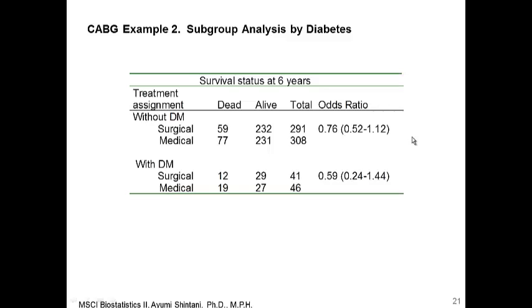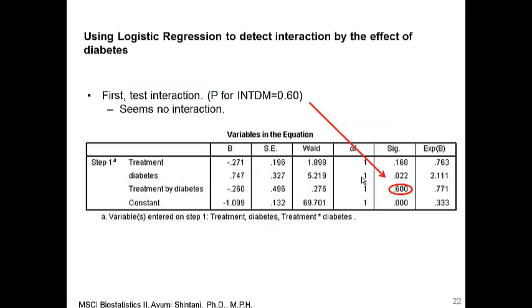Okay, so that depends on your clinical judgment. You don't really need a p-value to judge if this difference is clinically meaningful. But anyway, if you want to look at the p-value, this is how you do it.